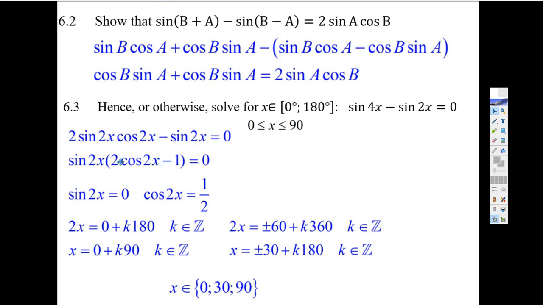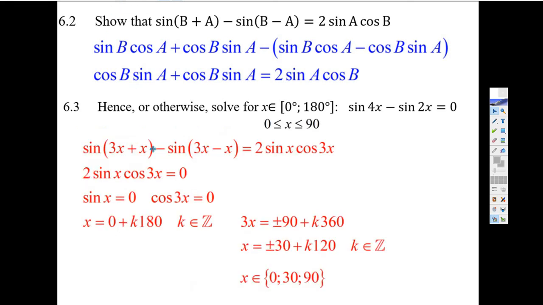Then cos 2x equals 1/2, and sine 2x equals 0. When I looked at my general solutions, I got 30 and minus 30. I got exactly the same answers, 0, 30, and 90, doing it this way. So you can do it both ways, but they're actually right.